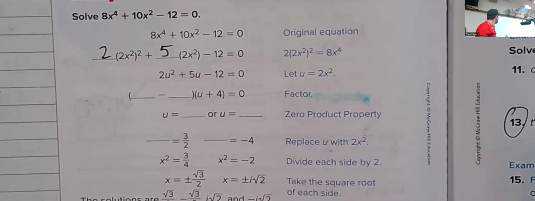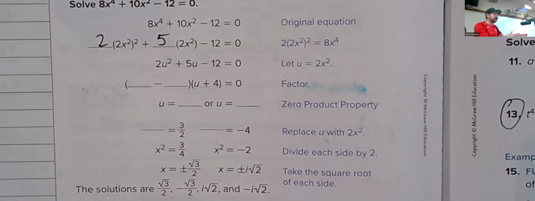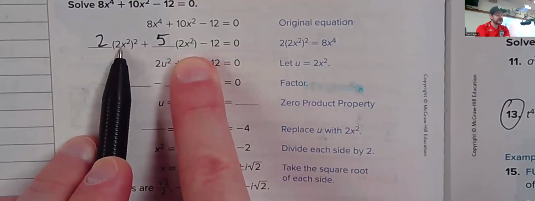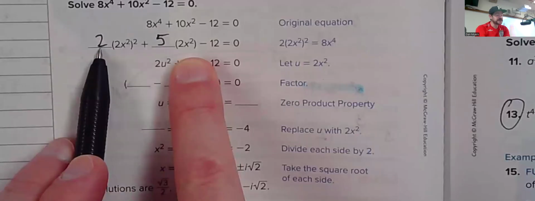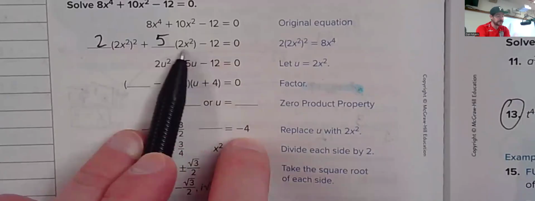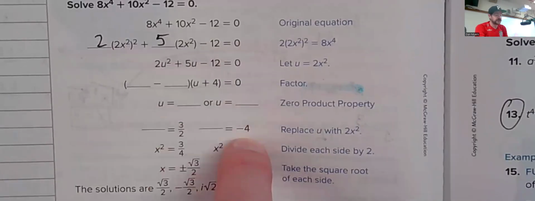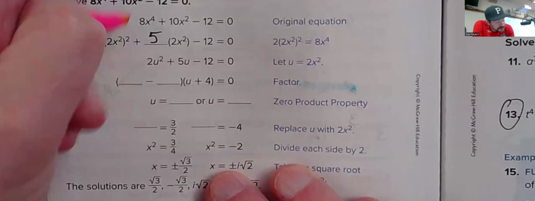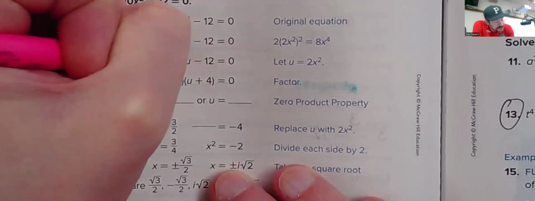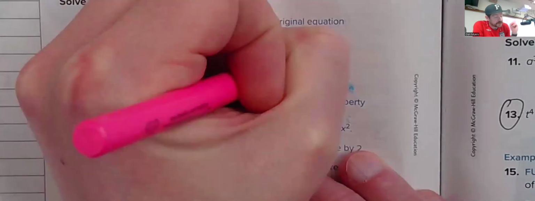Now, if we rewrite this using u and we write it as a quadratic, whatever's in the parentheses is going to be your u value. So this will be 2 times u squared plus 5 times u minus 12 equals 0. So there's a u, there's a u, u, and u.